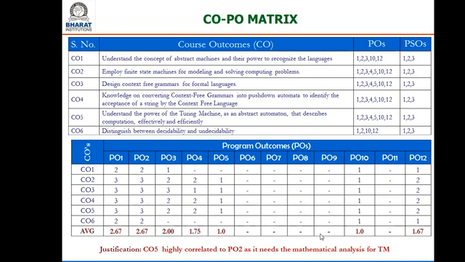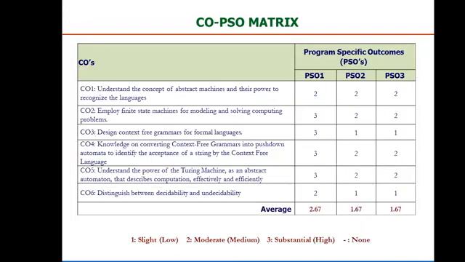So this average value we will use for the computation of CO-PO and PSO attainment at a later stage. Similarly, the CO-PSO matrix: the same 6 COs and 3 PSOs we have considered. Then the mapping levels are given. CO under PSO1 is mapping with level 2, which is moderate or medium.